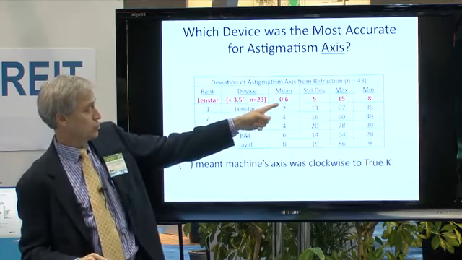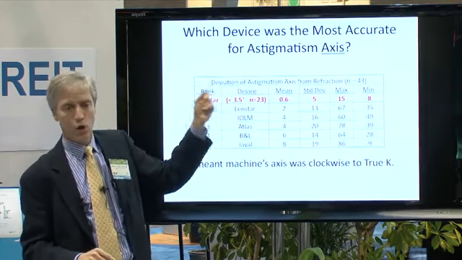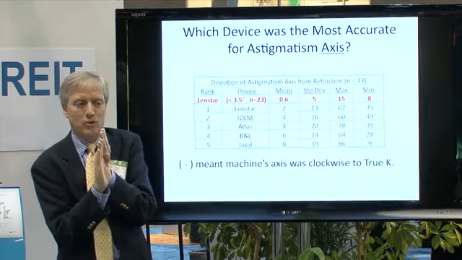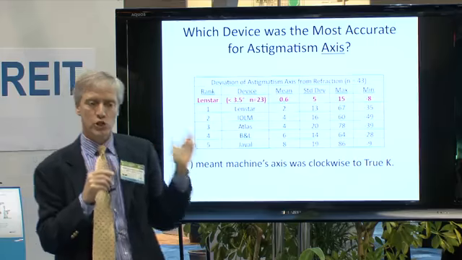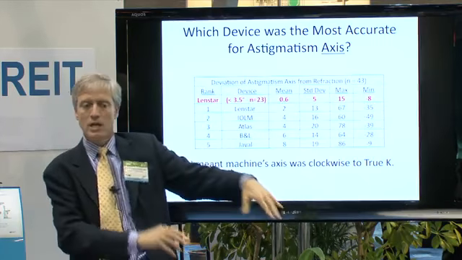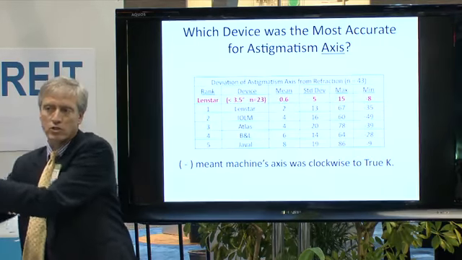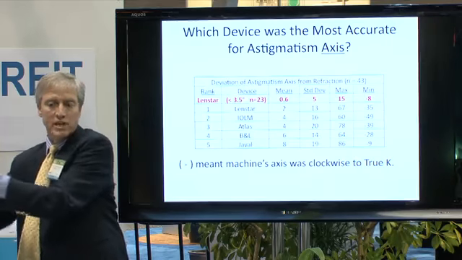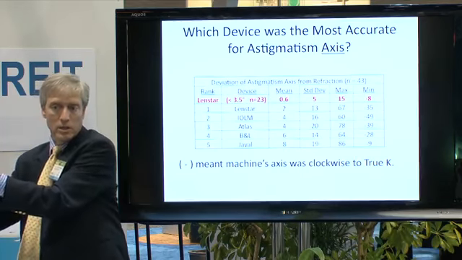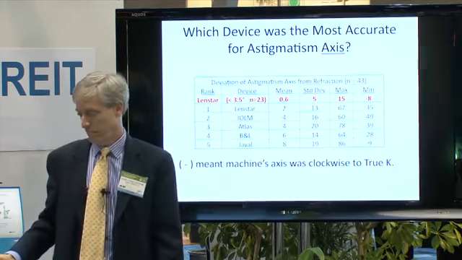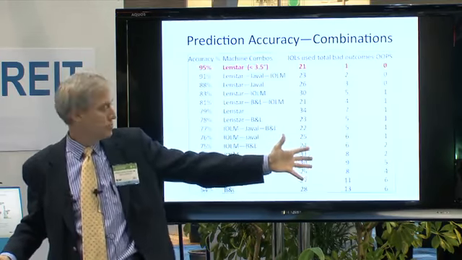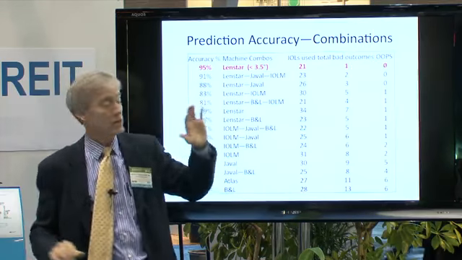The axis on this was 0.58, almost exactly what we got for our refraction. Reviewing, this Lenstar was chosen not based on our answers. It was chosen based on the machine, how consistent it was with itself. When it said it was highly consistent, it very much agreed with the outcome that we got on our refraction in our cornea case.